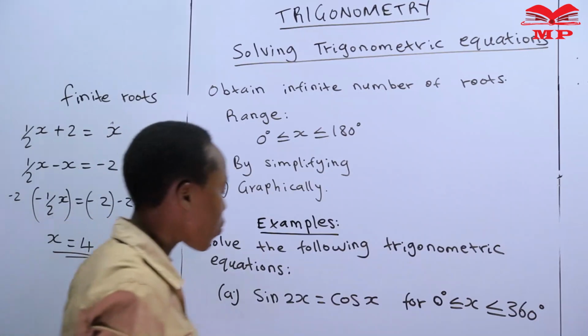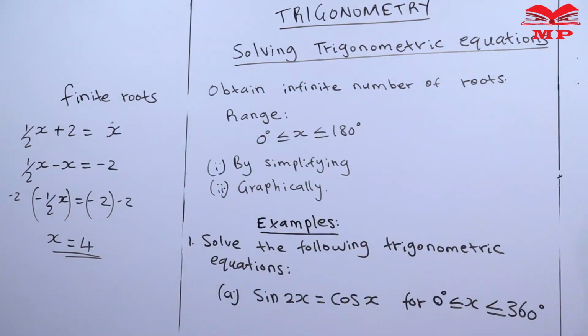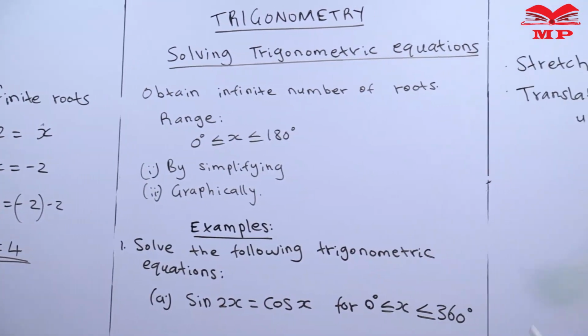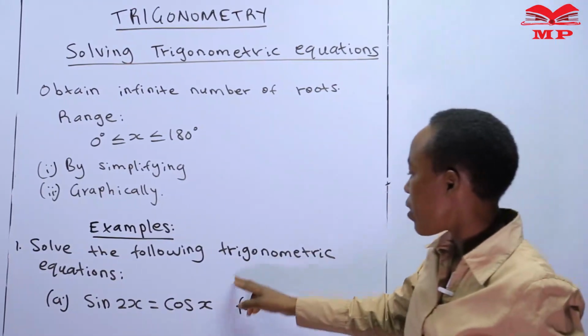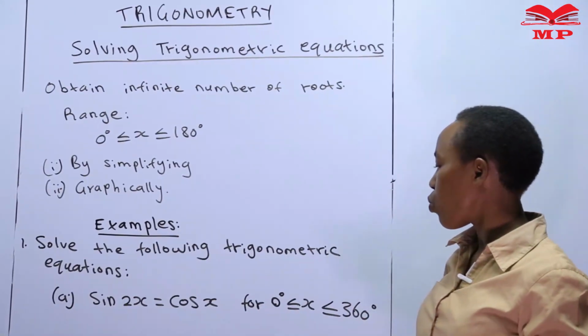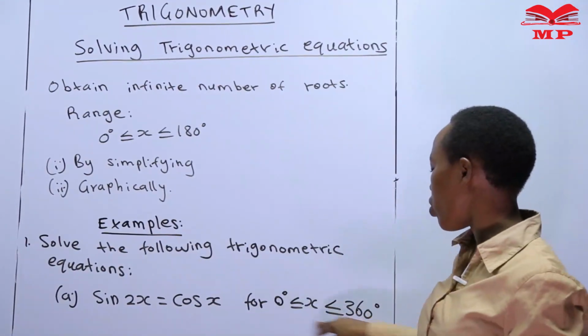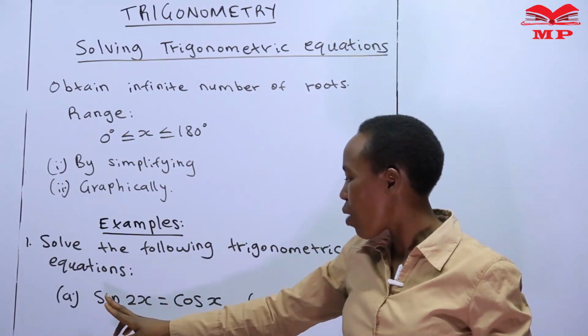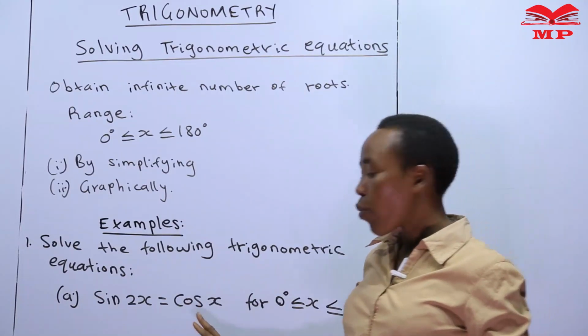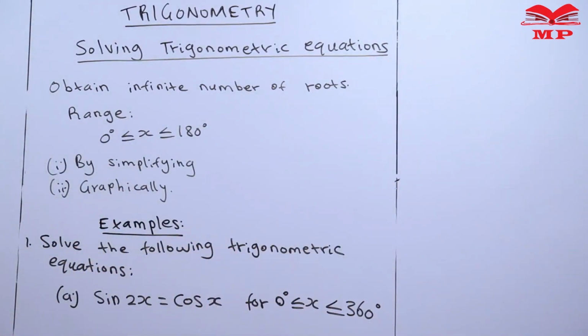Here we are simplifying, we are not using the graphs. We can again solve this using the graph, which we are going to do in the next part of the lesson. So we have this, sine 2x is equal to cos x. Our range is from 0 to 360 degrees. When you have such, whereby here you have sine and you have cos, we know one thing with the sine and cos, that for complementary angles, the sine of a certain angle is equal to the cos of that complementary angle.